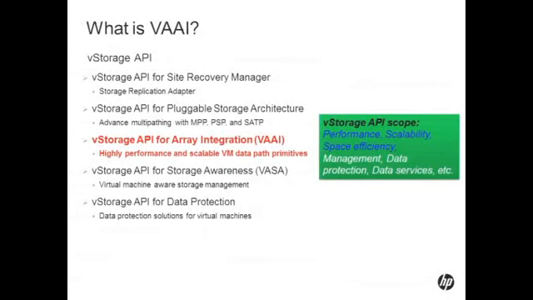And SATP is basically the actual storage array type plugin that ESX would know which one to load when it connects to which HP storage. And HP does full support for all of these. And by the way, back to the PSP, HP supports the fixed policy, the MRU policy, and the round-robin policy.